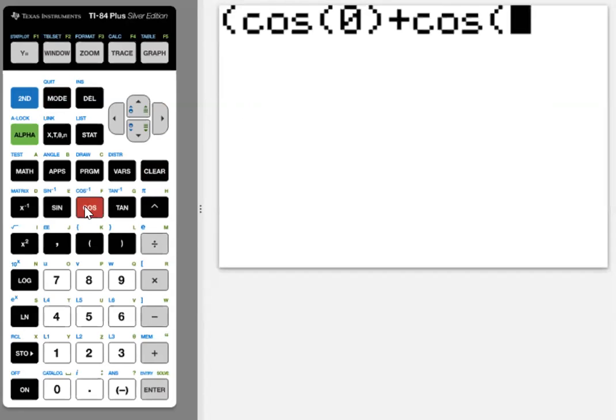So the cosine of, this is the left, so it's going to be pi over 8.